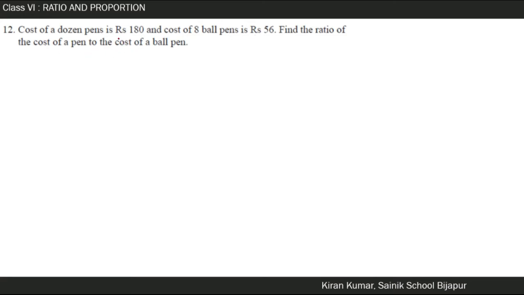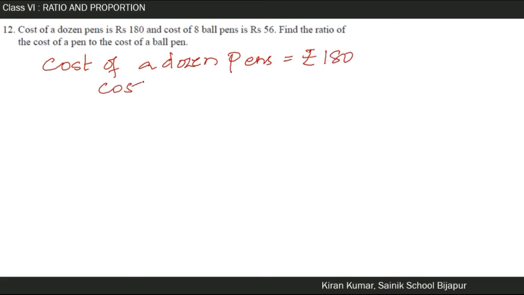So they have given that the cost of a dozen pens is rupees 180, and the cost of 1 pen will be equal to 180 upon 12, because in a dozen there are 12 pens, so rupees 15 will be the cost of 1 pen.